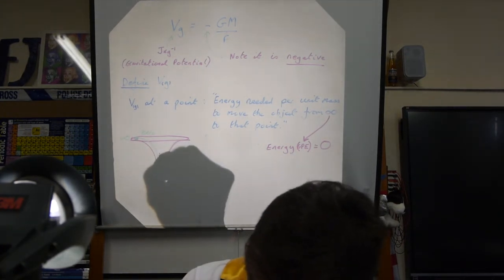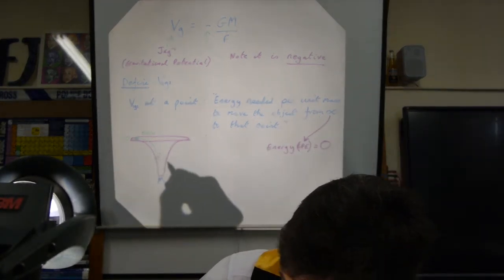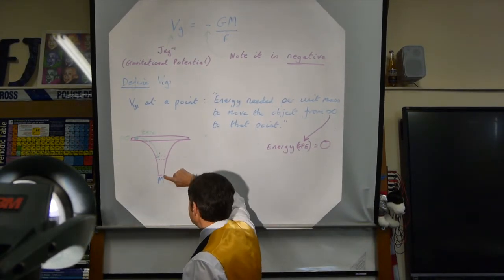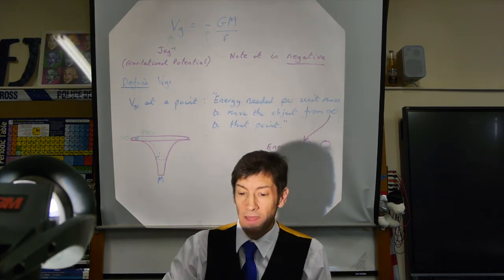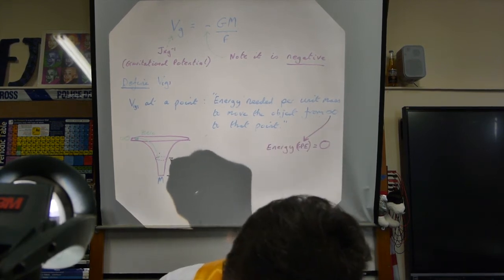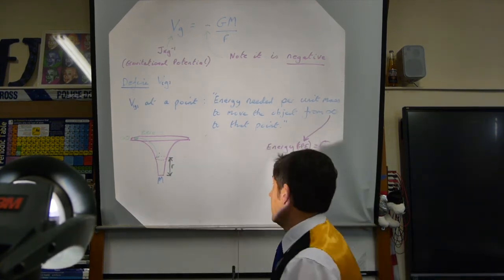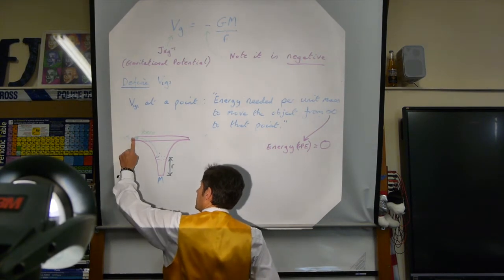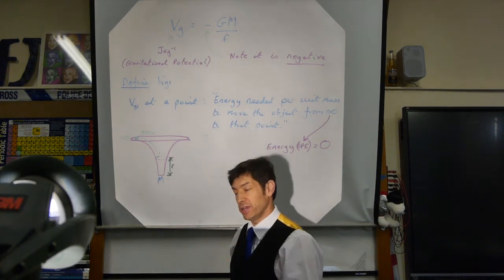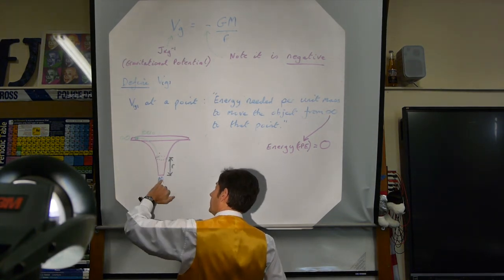Or more interestingly, what would happen if it was a satellite and we just positioned it there in that orbit around this mass? Hang on, that's not the orbit. I hope you understand that that's the distance away from the mass. So you can see we've got a distance here of r, and therefore if it had 0 gravitational potential energy here, because the gravitational potential, the joules per kilogram, is 0, then it's got even less here when it's this far away from the mass.